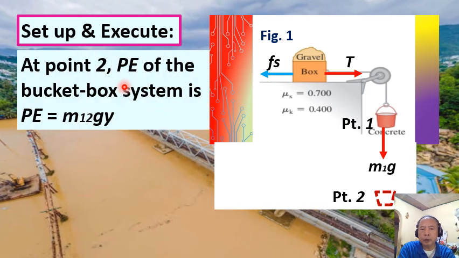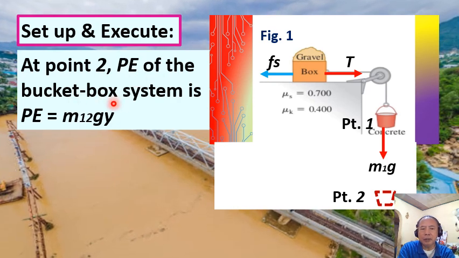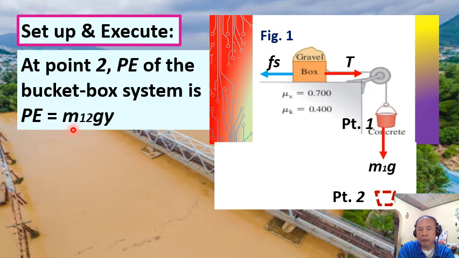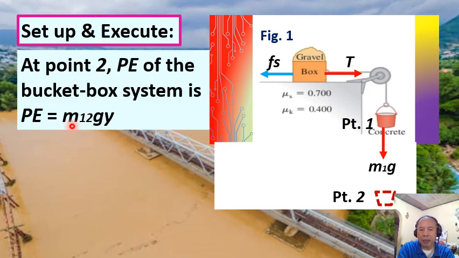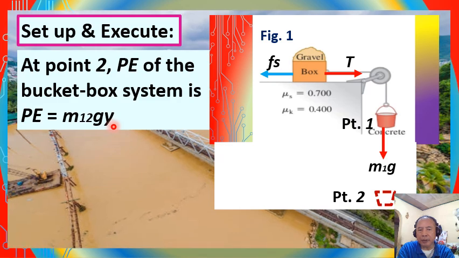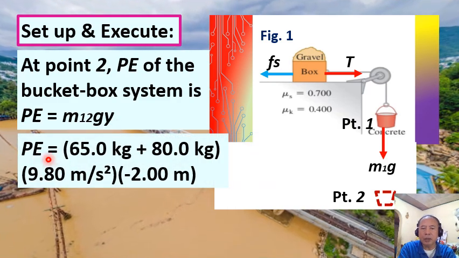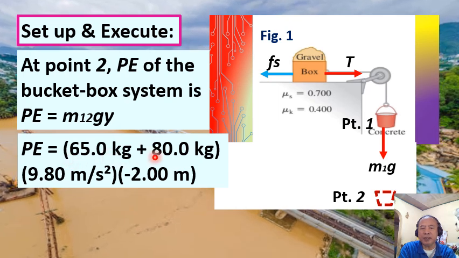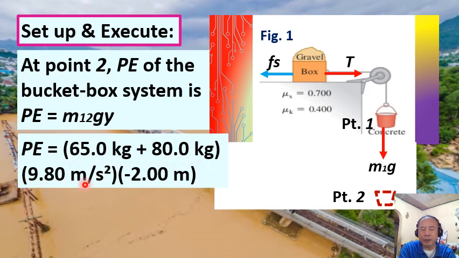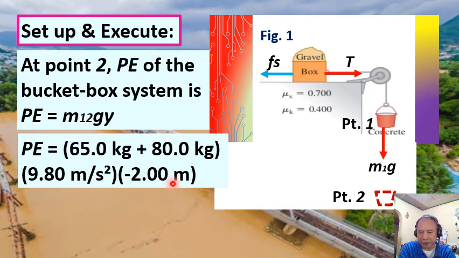At point 2, the gravitational potential energy of the bucket and the box system can be expressed as the product of their combined mass, m sub 1,2, acceleration due to gravity, and the displacement y. That is, PE equals 65.0 kilogram plus 80.0 kilogram multiplied by 9.80 meter per second squared and negative 2.00 meters.